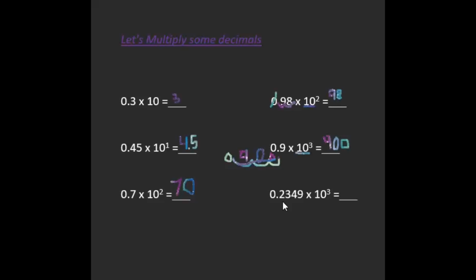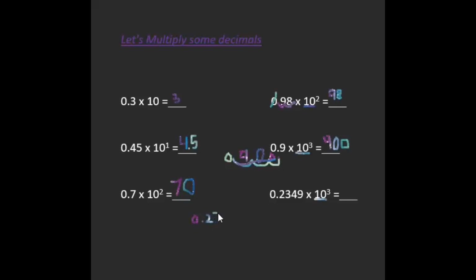Okay, so now we have a pretty big decimal number. It is 0 and 2,349 ten-thousandths times 10 to the power of 3. 10 to the power of 3 again is 1000. Okay, and we know that the decimal point moves by the powers of 10.